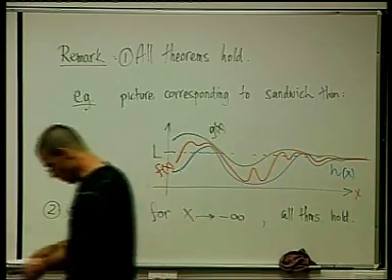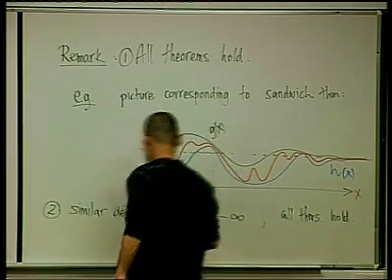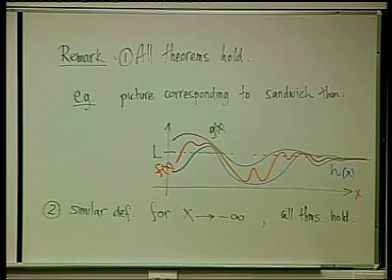Okay, so maybe one example. Do we have time to do an example? Barely. Okay, so let's just write it down, and you can fill in the details. So I'm going to give this as homework. Try it.